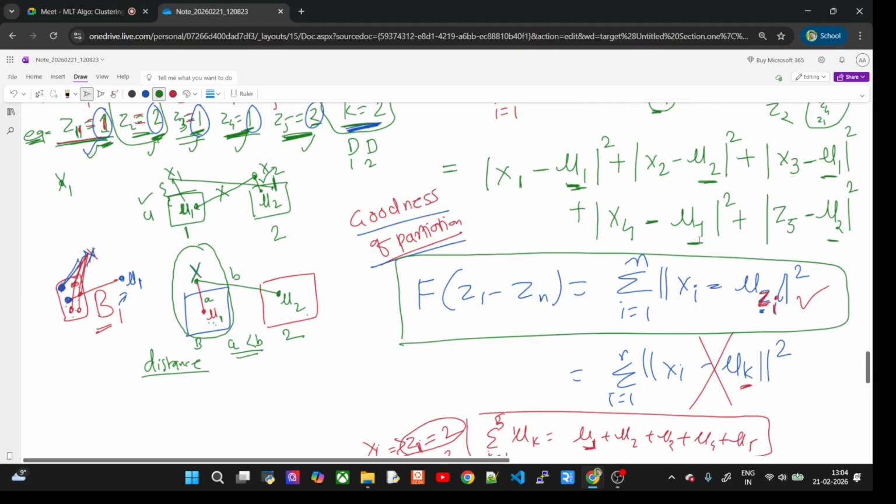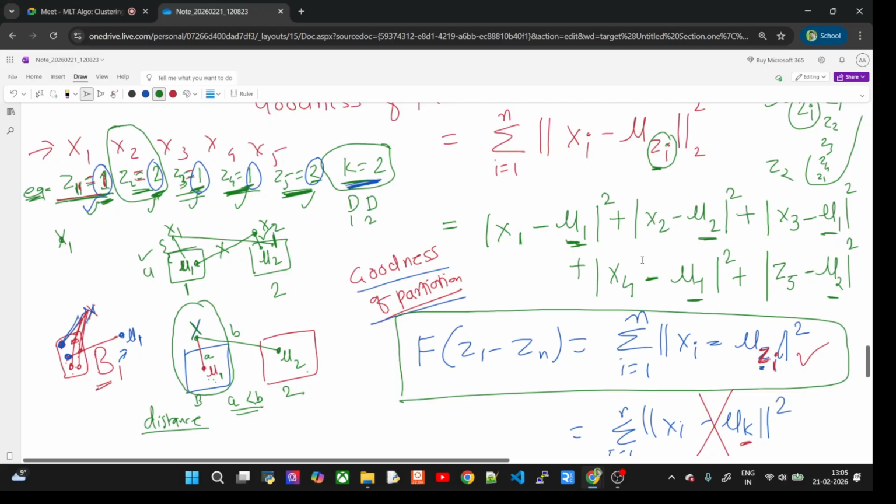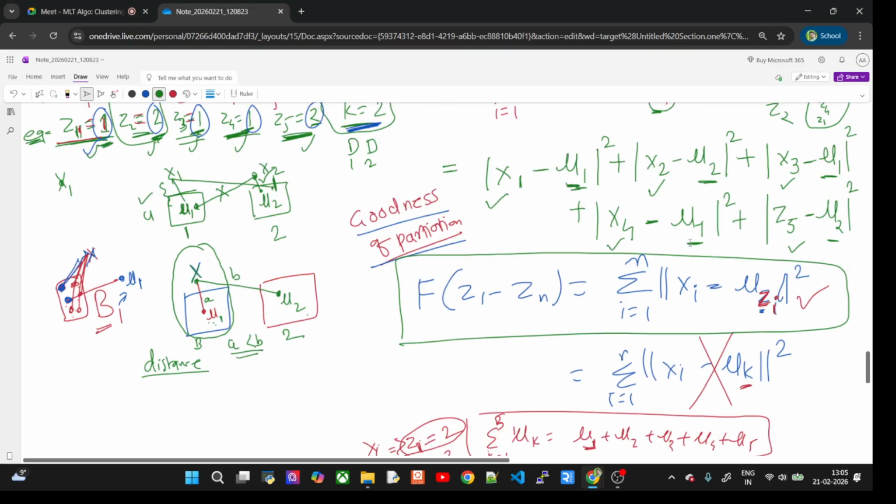But the point is, whatever I did here, x1 minus mu1 whole square, x2 minus mu3 whole square, x4 minus mu1 whole square, is it okay, or are you not happy?